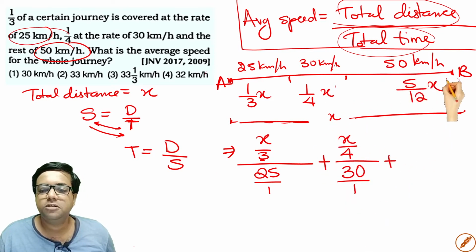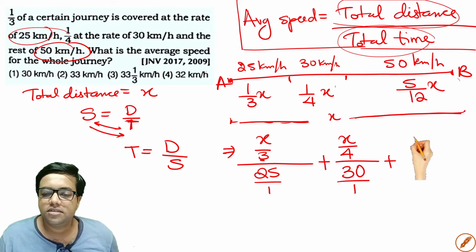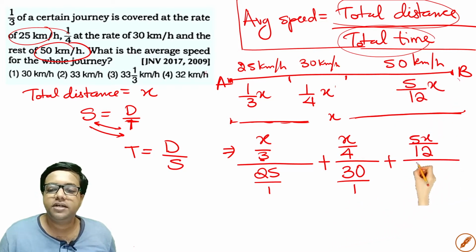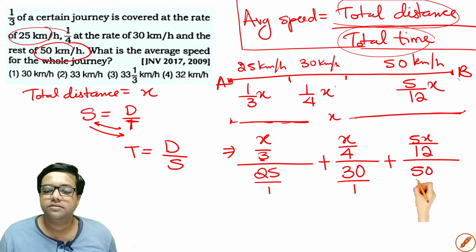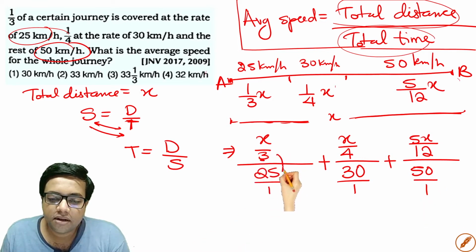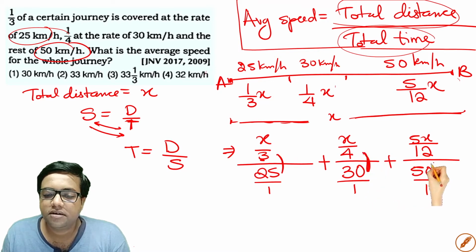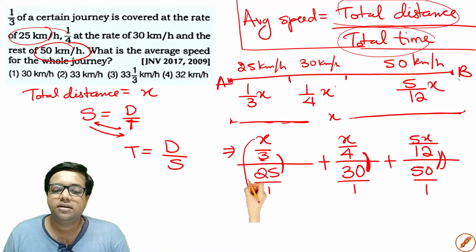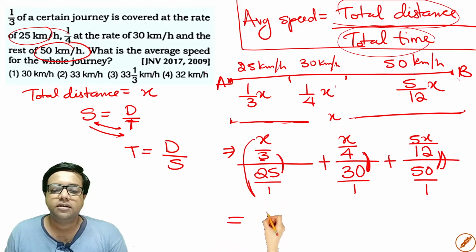So what about the third part? The distance is 5x by 12 divided by the speed, 50 km/h. So you know, when there is a fraction upon a fraction, the nearer terms will get multiplied, and the farther terms will get multiplied. So what you will get at the end?